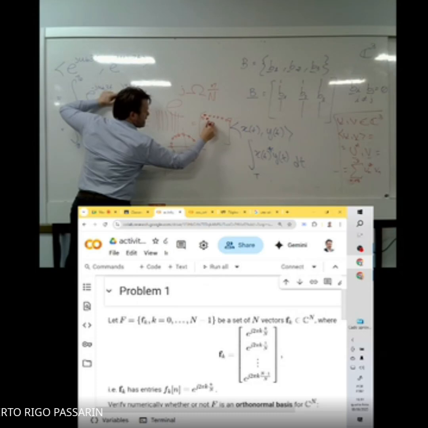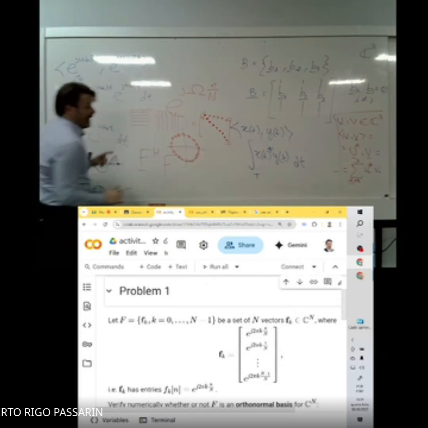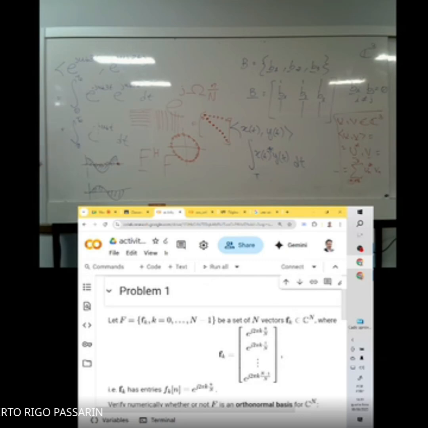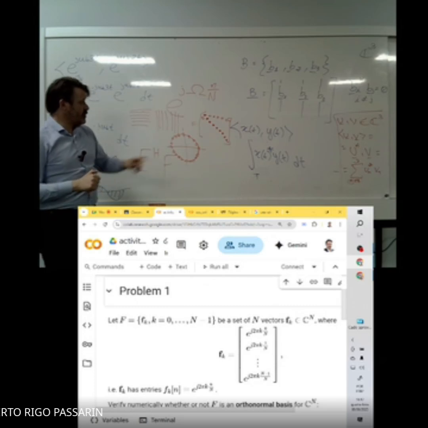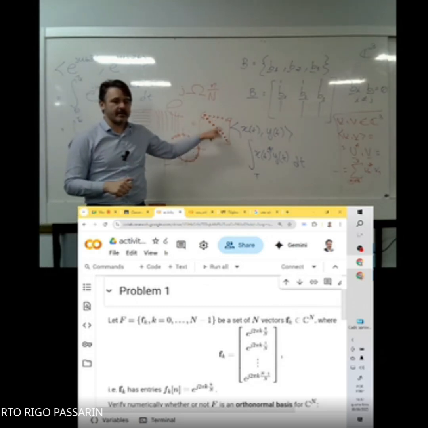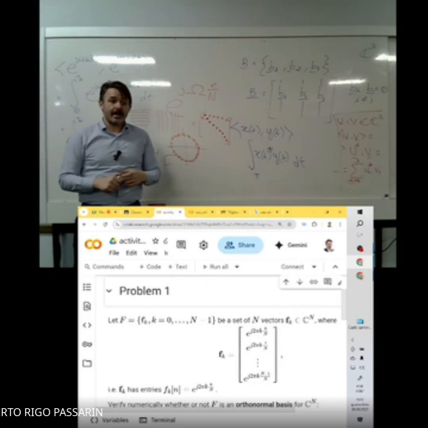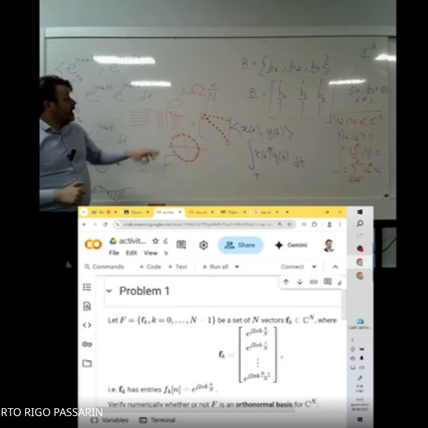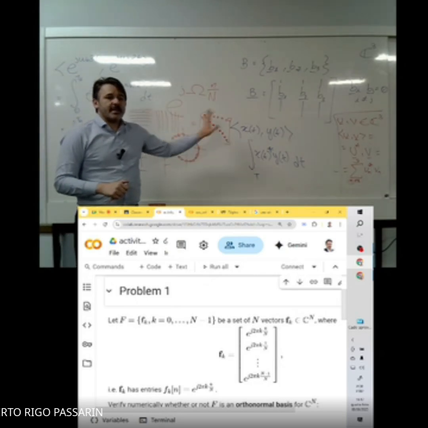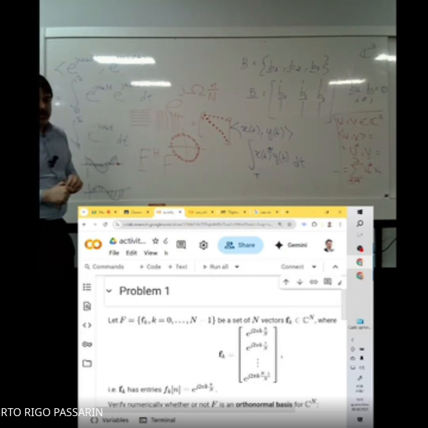If this set is orthogonal, when you create this matrix and do F Hermitian F, you should get an identity, not identity, a diagonal matrix. If you get a diagonal matrix, then yes, it's orthogonal.